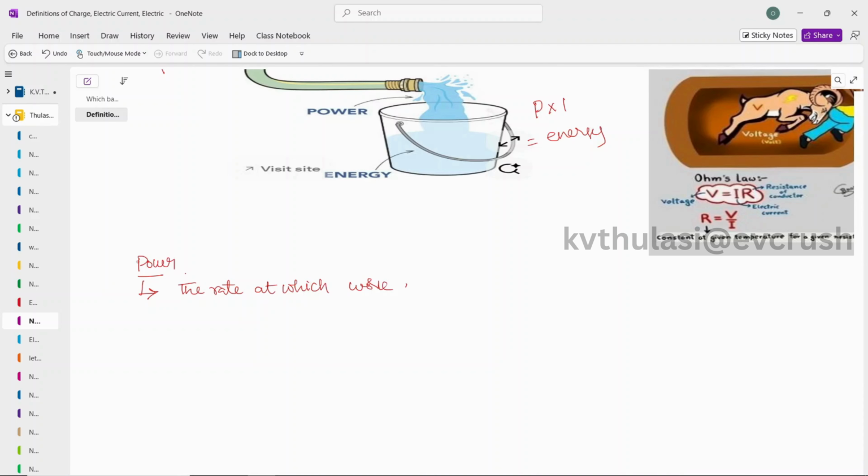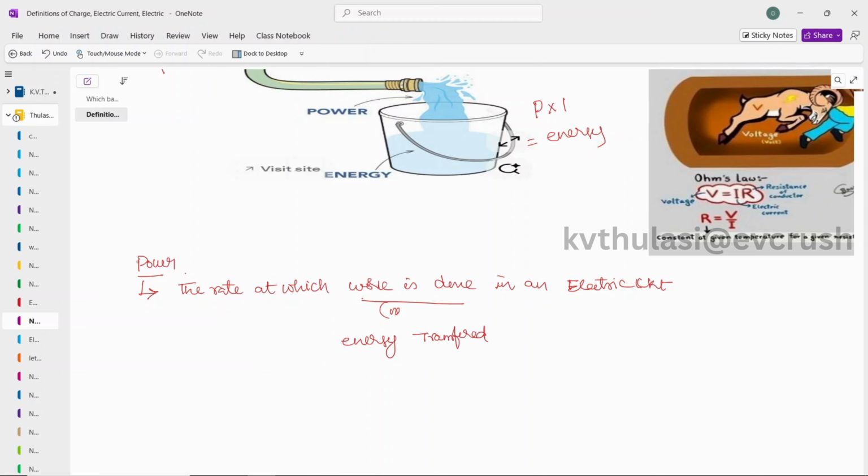Work done in an electric circuit is called power. This work done is also called energy transferred. The rate at which energy is transferred in an electrical circuit is called power.